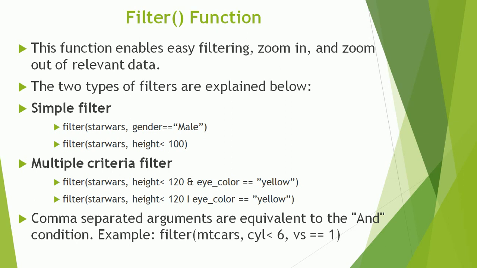So for using this in R, you just have to press shift and the button just above your enter button. So that is how we use the or operator in R. So multiple criteria filters can be done using either the or operator or the and operator.